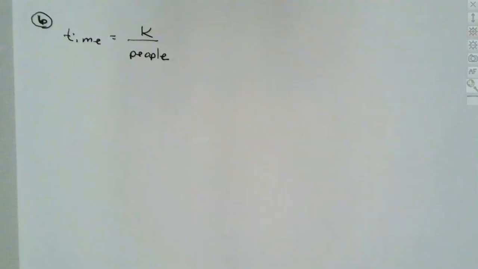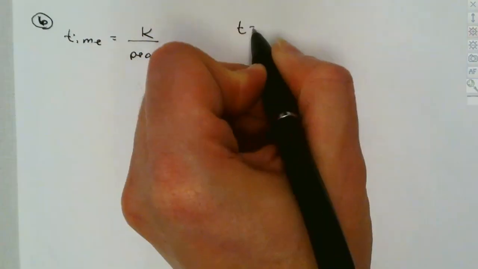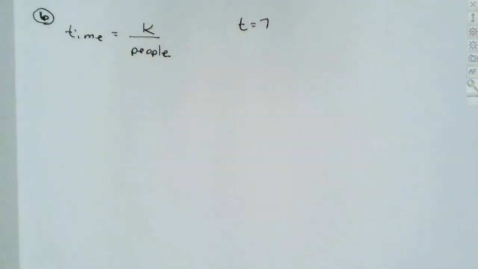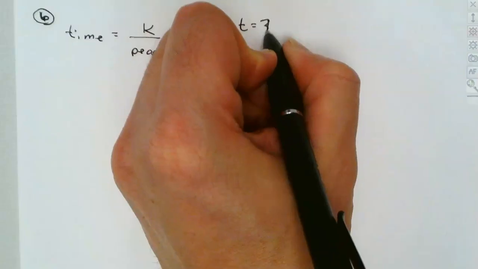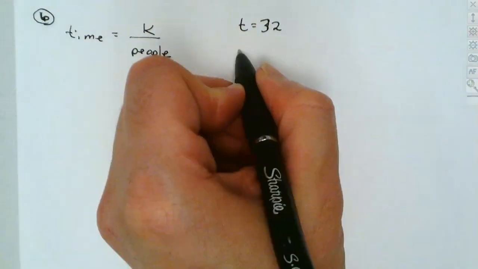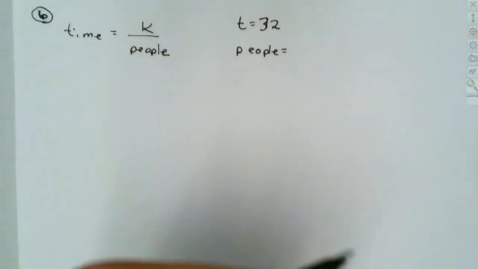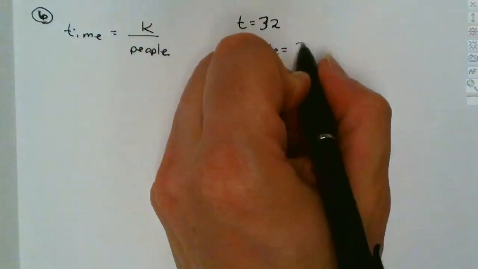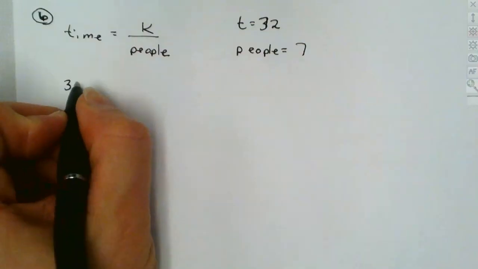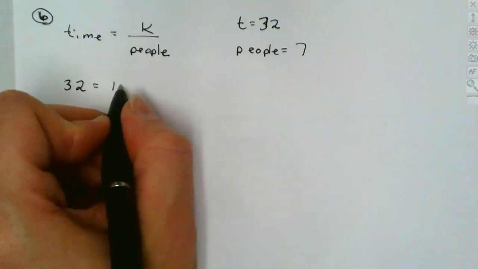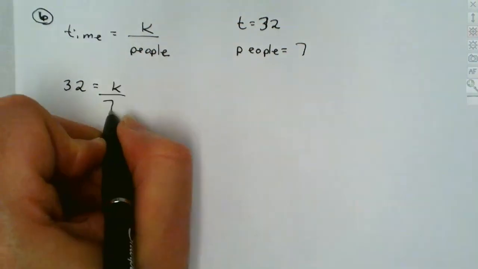It takes 32 hours for 7 carpenters to frame the house. So time is going to be 32. How many people are working on this? We've got 7 carpenters. So now we plug our values in. So 32 equals K over 7.